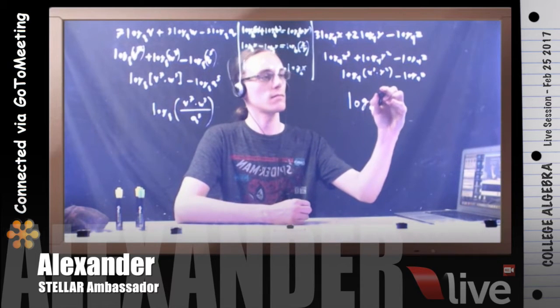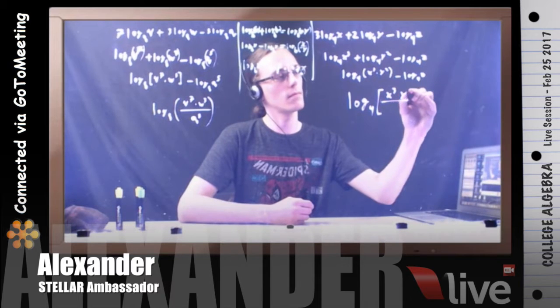And then we have subtraction, which is, in my notes, division. So log base 4, open parentheses, and then the top of the fraction, I still have x to the third times y squared. And the bottom, I have just z. And then close parentheses. And I guess, yeah, that's it.